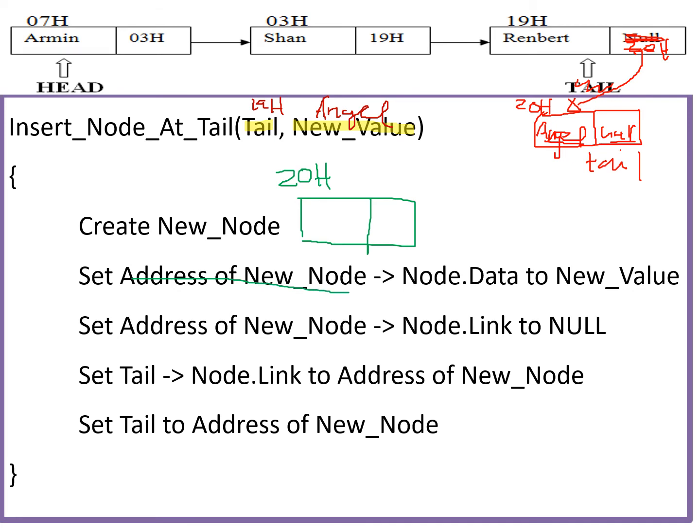Next, set the node.data of the address of the new node to the new value. So, our new value is angel, and we're going to assign angel to node.data of the address of the new node. The address of the new node is 20h. So, 20h referencing node.data equals angel.